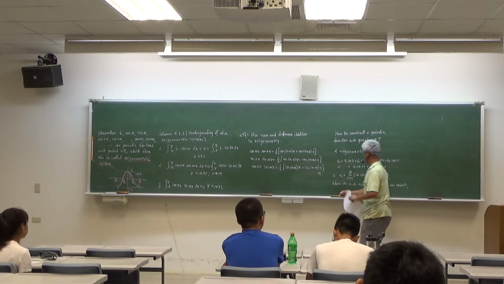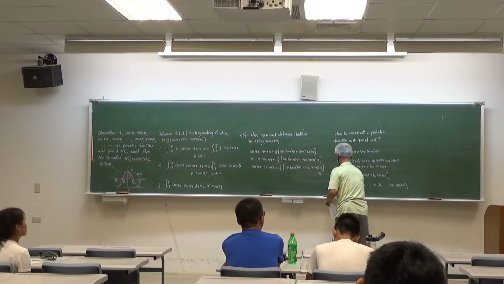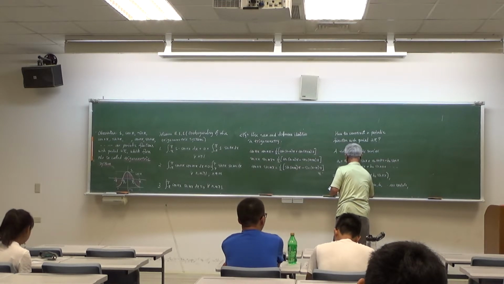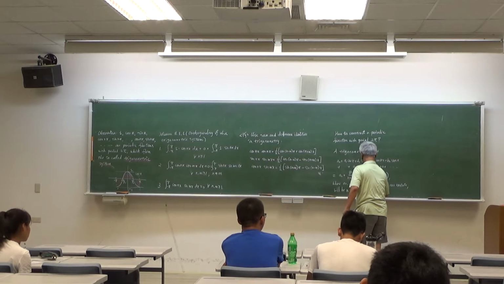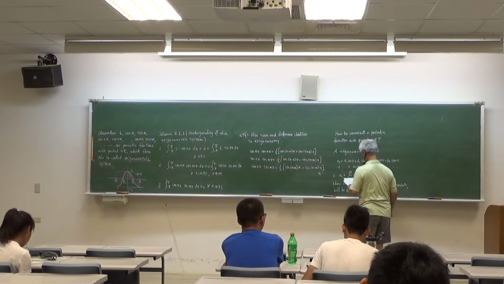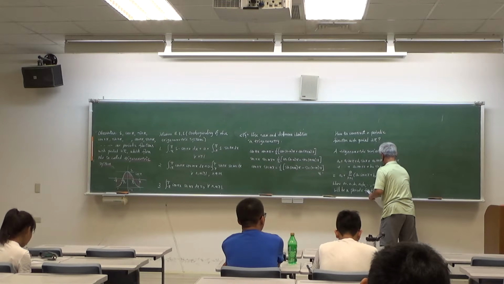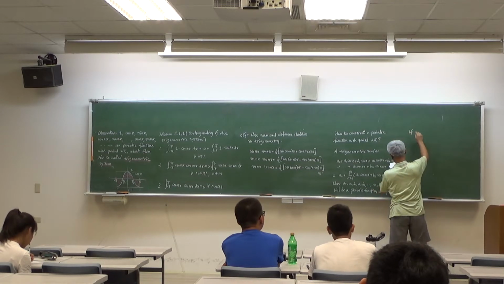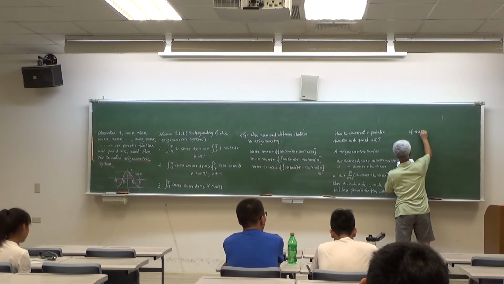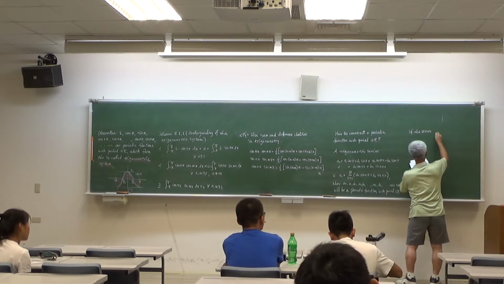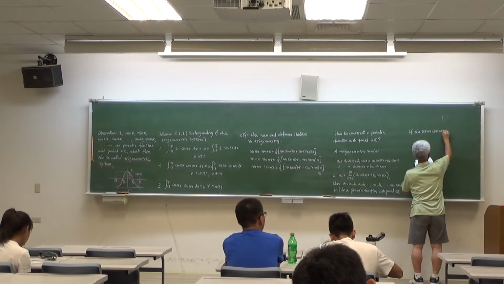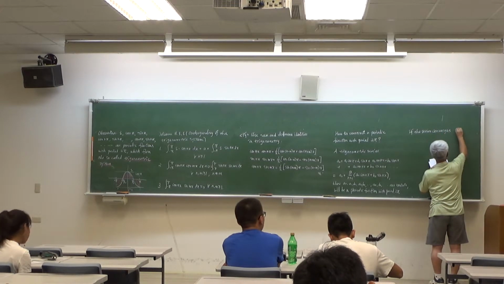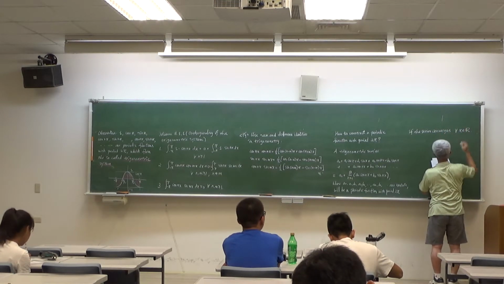So this trigonometric series will be a periodic function with period 2π, okay, under a condition that if the series converges for all x in R.